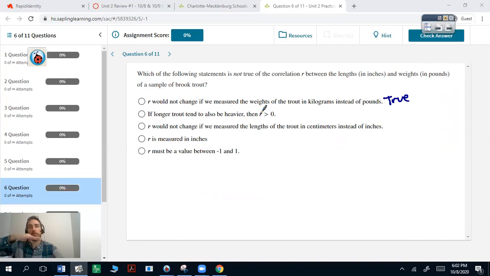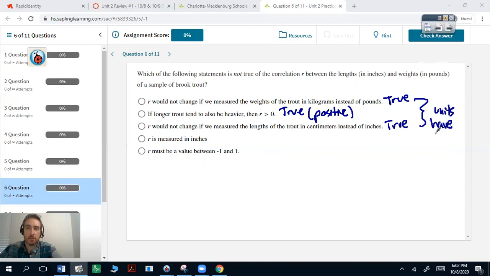Let's see, longer trout, heavier, positive, also true. R would not change if we measure the lengths of the trout in centimeters instead of inches. Again, units have no impact on correlation. R is measured in inches. R is a value between -1 and 1. So R doesn't have a unit. So it's going to be that one there.